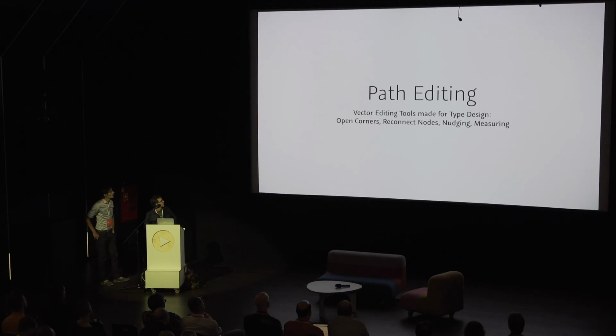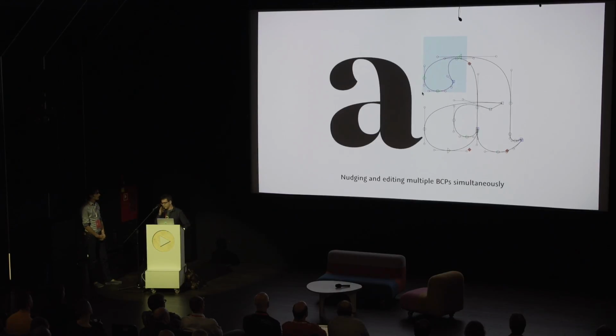Right? But of course, when it comes down to your daily business of drawing glyphs, there are some things built right into the core of Glyphs that make working with paths a lot of fun. For instance, nudging, of course, built in, and editing multiple Bézier control point handles at the same time.